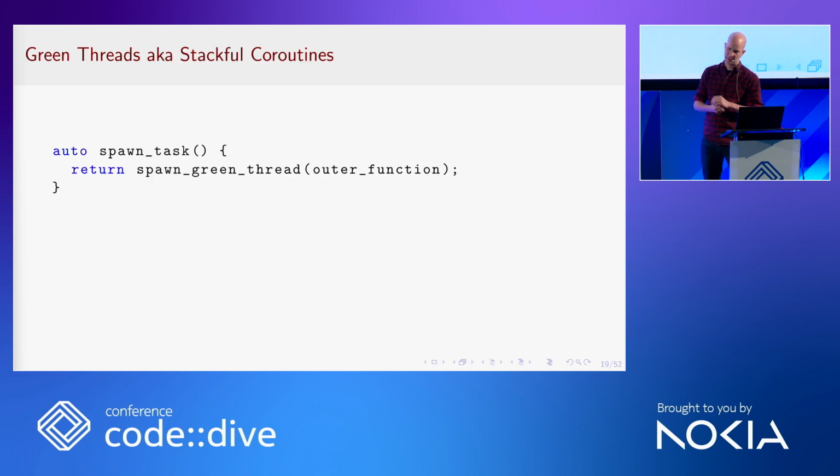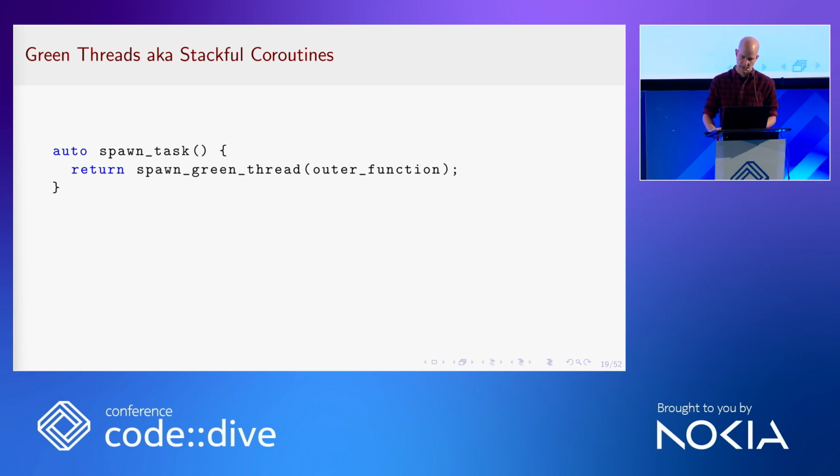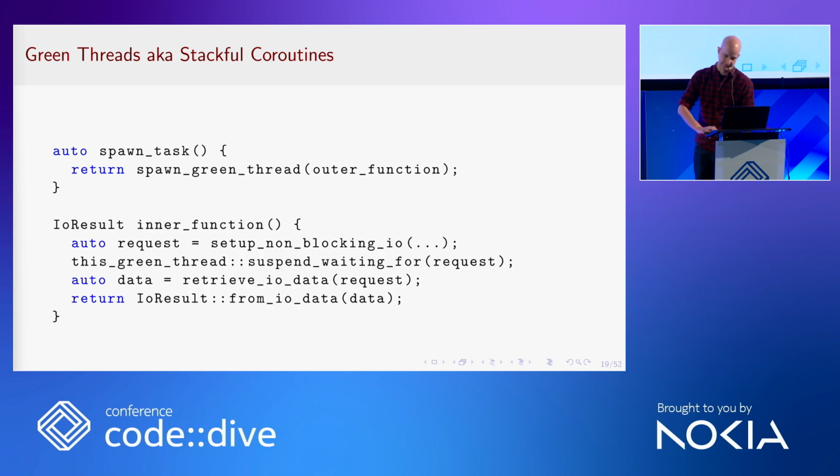So one alternative to threads that is often mentioned is these so-called green threads, sometimes also known as fibers, user mode threads, cooperative multi-threading, and also stackful coroutines. So how does it work here? Instead of spawning a thread, we're spawning a green thread.